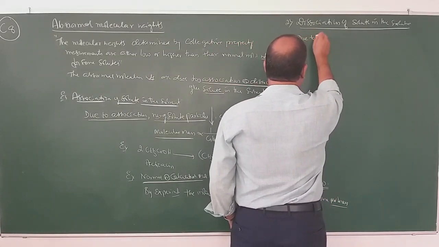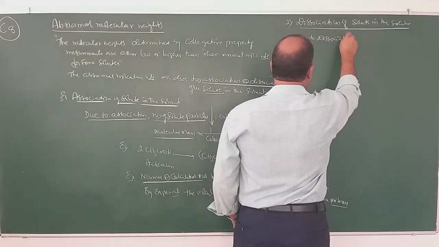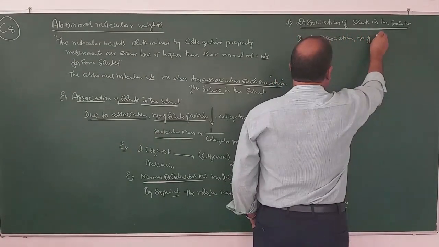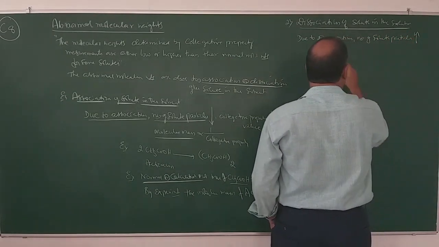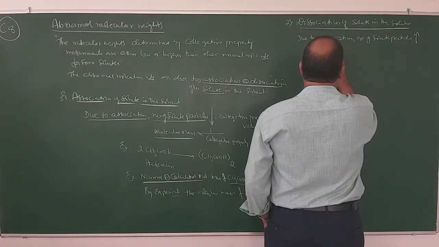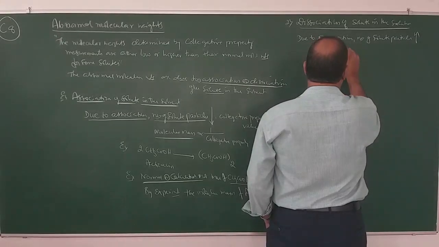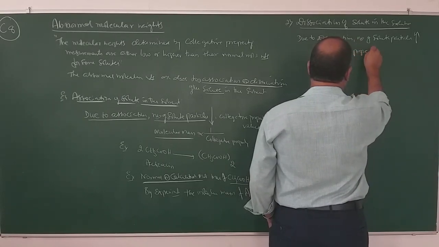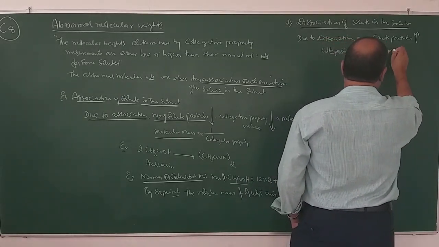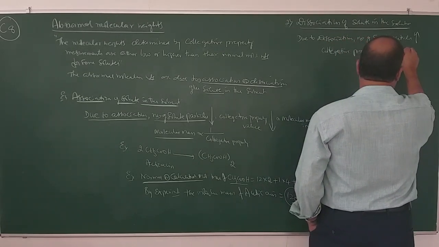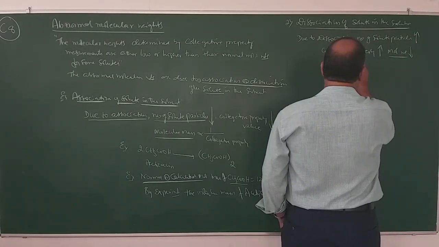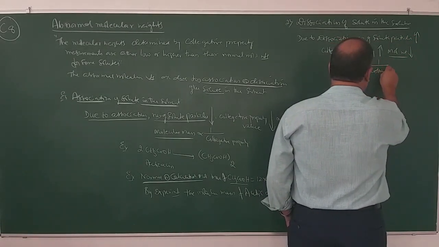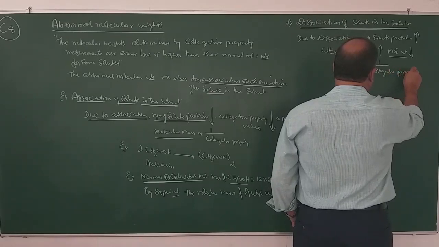So due to dissociation, the number of solute particles increases, and the colligative property also increases. When the colligative property increases, molecular weight decreases, because molecular weight is inversely proportional to colligative property.